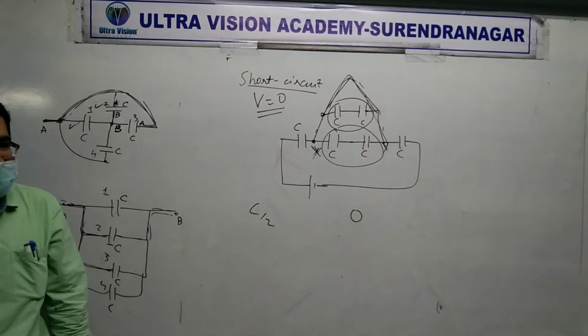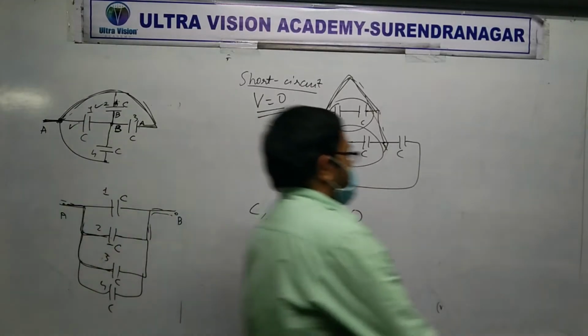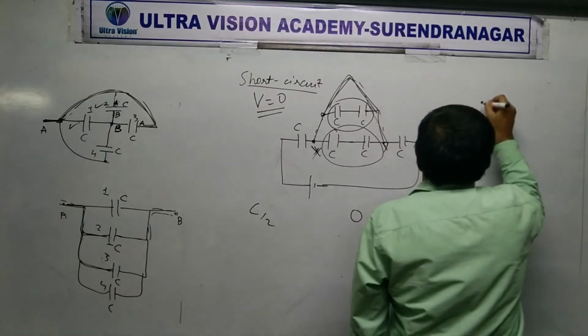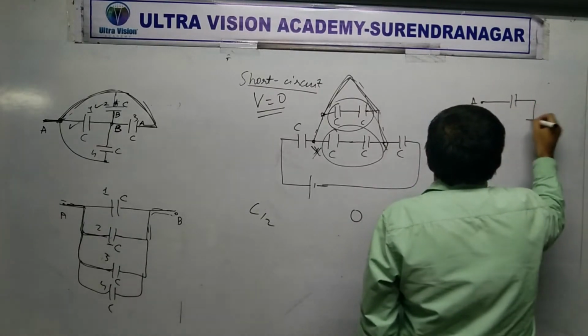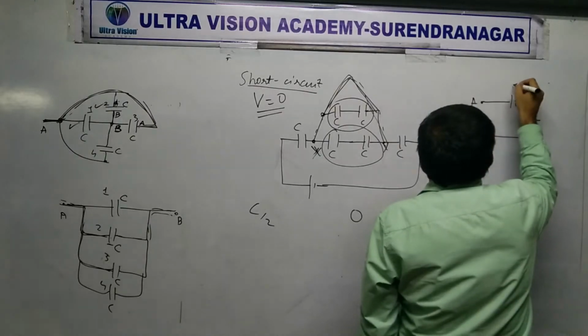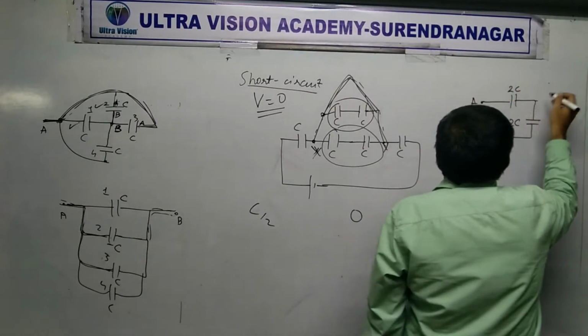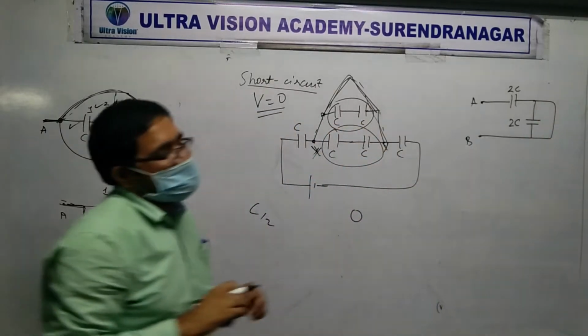Did you get that? Alright. So remember this idea. Let's solve a very simple question later. Suppose this is 2C, this is 2C. Can you find the equivalent capacitance between A and P?